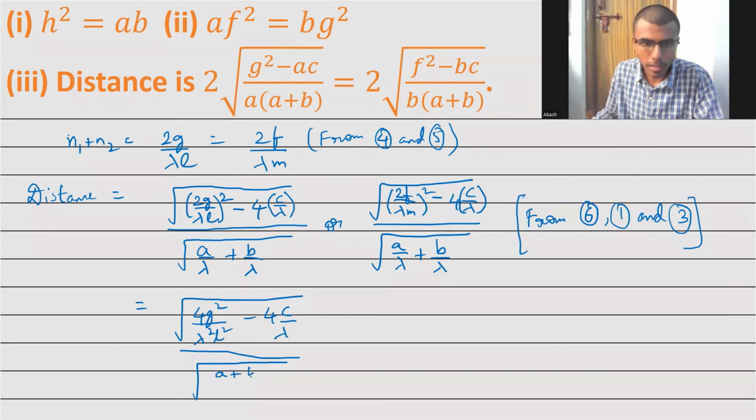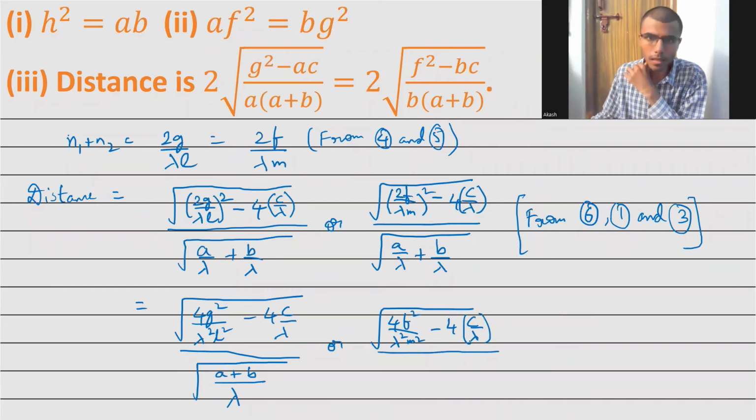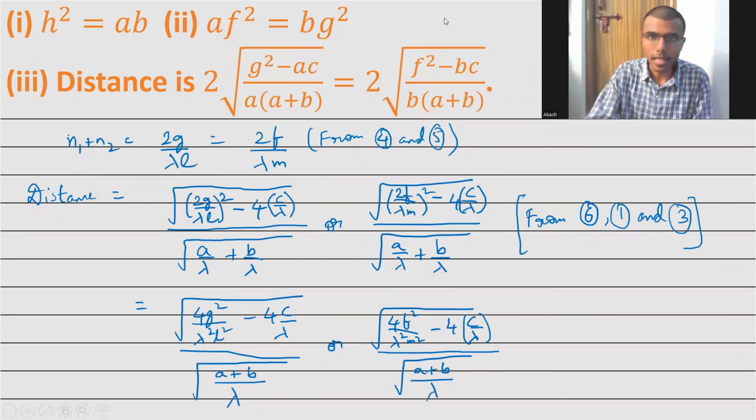Or this would also be equal to under root of 4f square by lambda square m square minus 4 times c by lambda, divided by under root of a plus b by lambda.